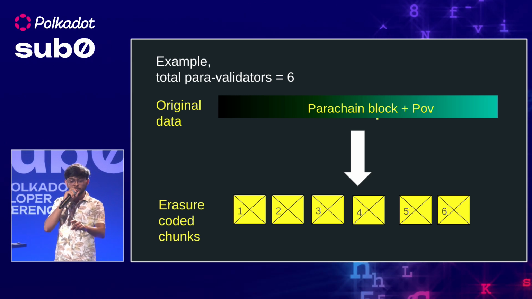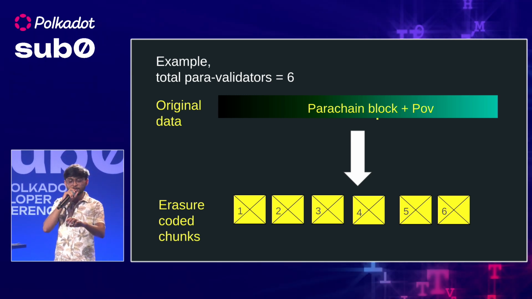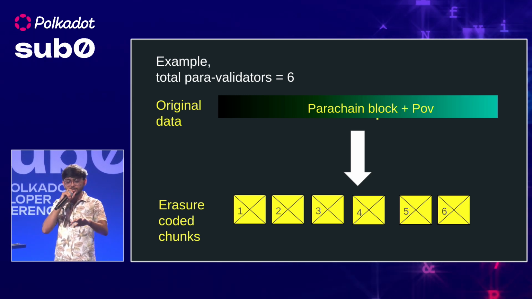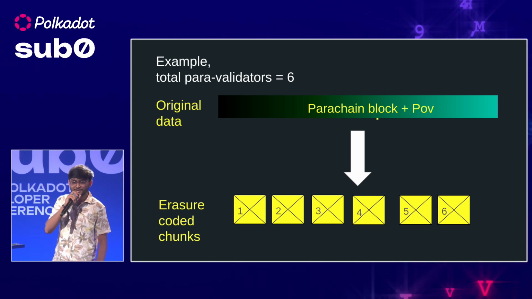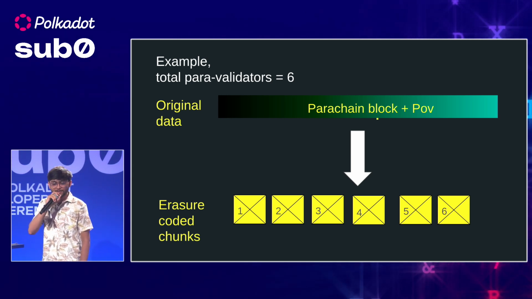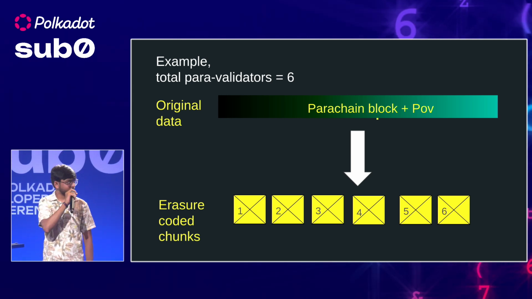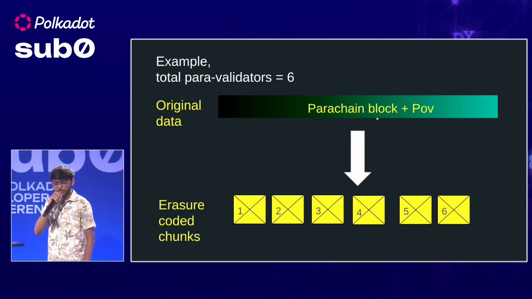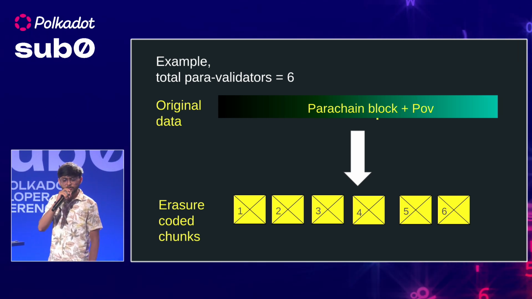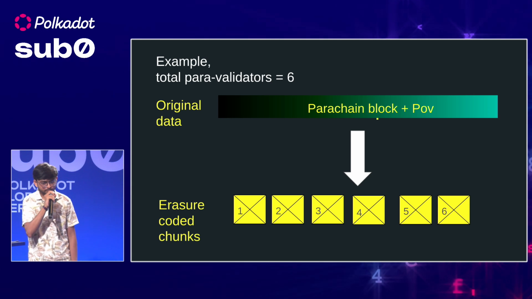Sorry for the mistake, I wrote parachain validators on the slide. It's not parachain validators, it's relay chain validators. Sorry for this mistake. Erasure coding will generate a total of 6 fragments, because we have a total of 6 validators.